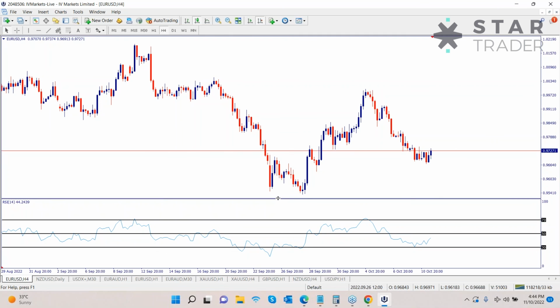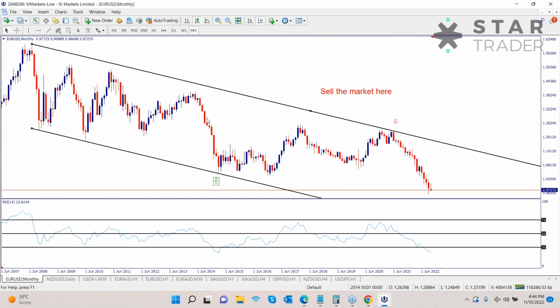As you can see over here, we have the completed chart. We have everything on this chart. When we go to the monthly time frame, we have this channel, and we have the RSI, the indicator, over here as well.